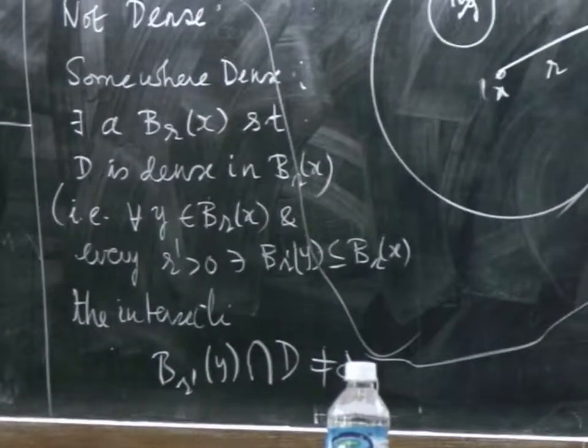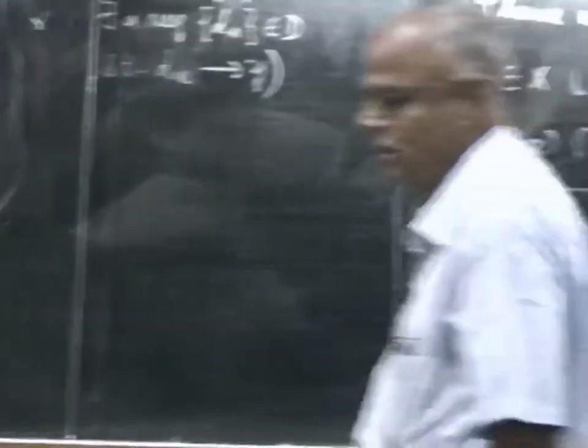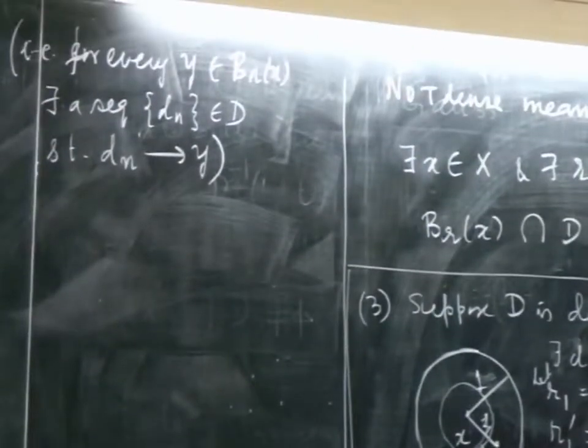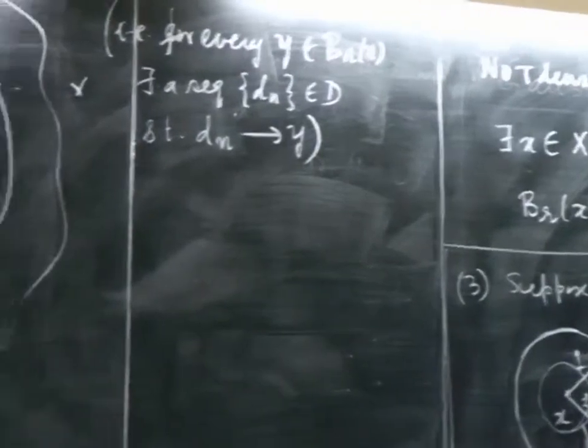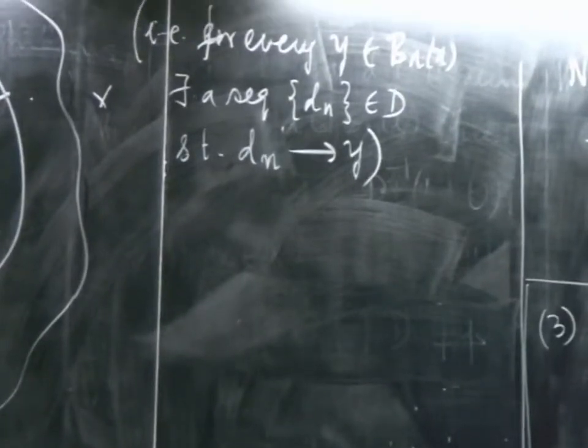So in a small patch it is dense. Suppose you take all the rational numbers less than 1. Certainly it is not dense in R, because if you go to 46, you can't approximate it by a rational number less than 1.